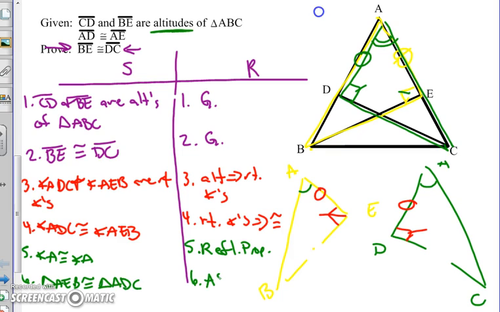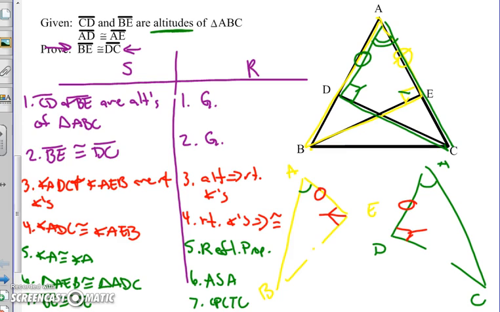I've got an angle, a side, and an angle. So then finally, what I was trying to prove, BE and DC would be congruent to each other by CPCTC.